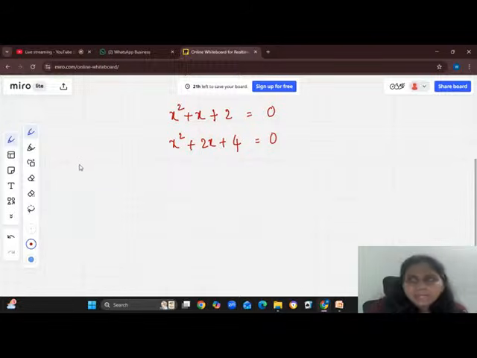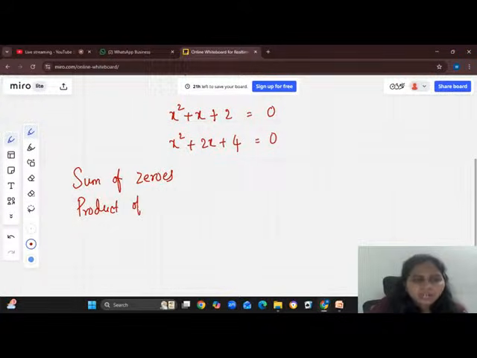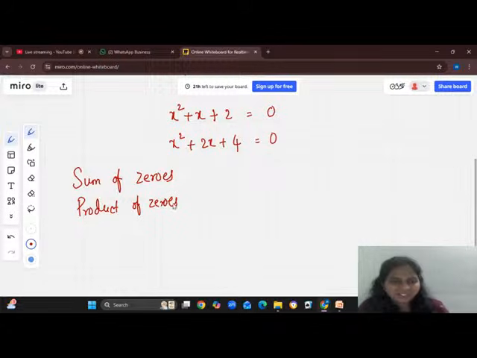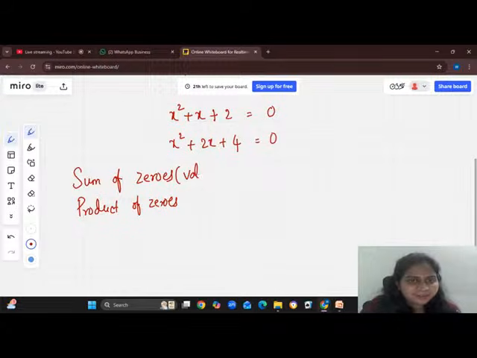We have a very important formula: sum of zeros and product of zeros. Now comes the question, what are these zeros? Why have these zeros come here? Zeros are nothing but the values of x.